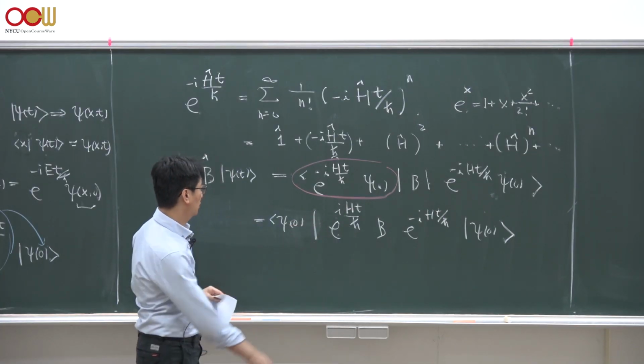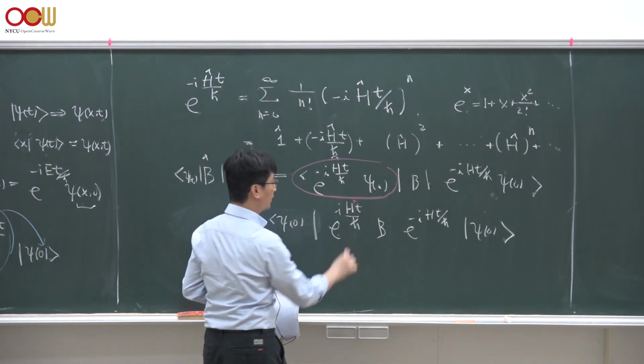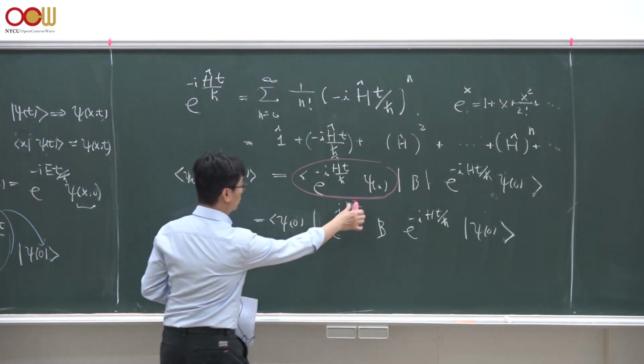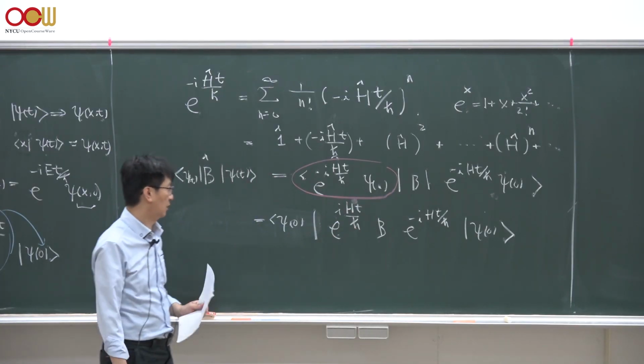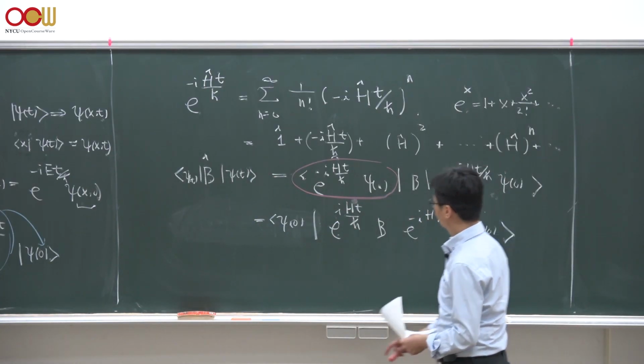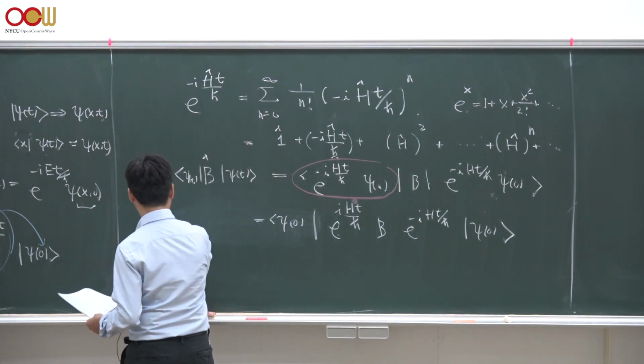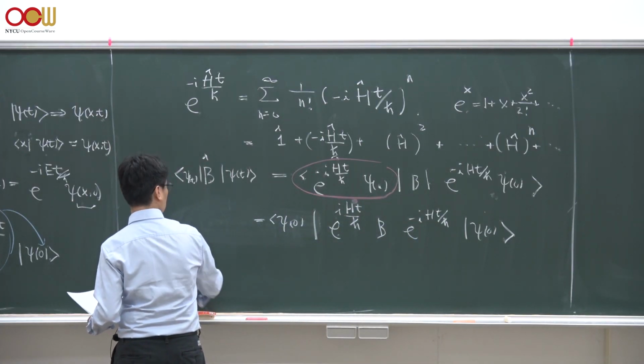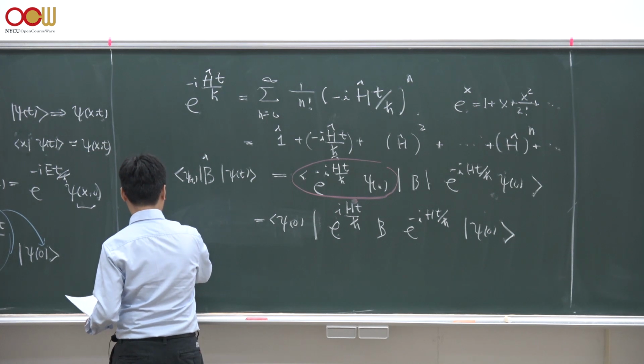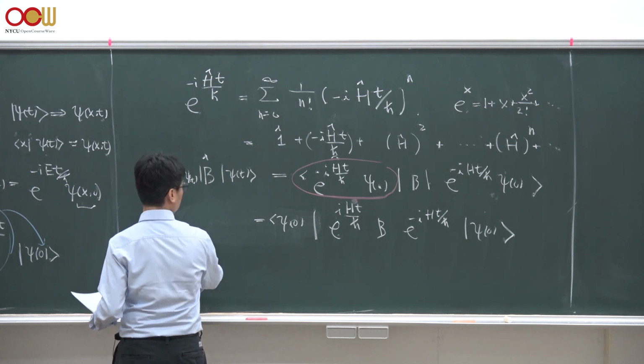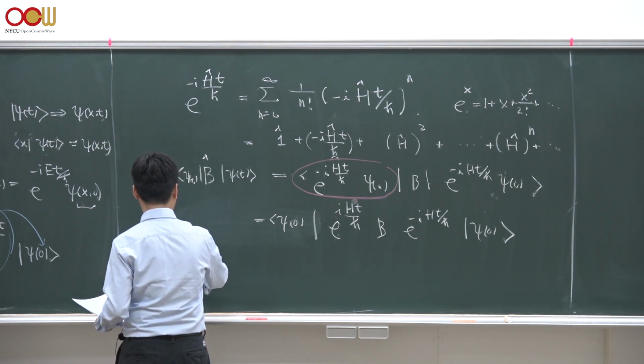Of course, H should be H dagger, but H dagger is the same as H, so I simply remove this dagger right here. Good. So remember, let me repeat that identity one more time. Suppose this is some operator A, and this is another state psi.